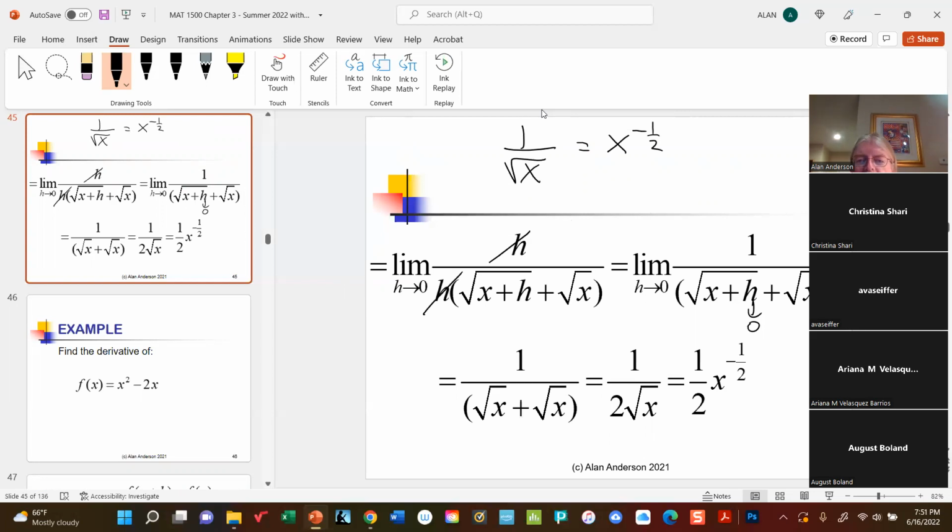So therefore, 1 over 2 times radical x is equal to 1/2 x to the minus 1/2 power. And that's it. So again, if we needed to know the derivative at a specific point on the function, all we have to do is plug it in for x, and we have our answer.